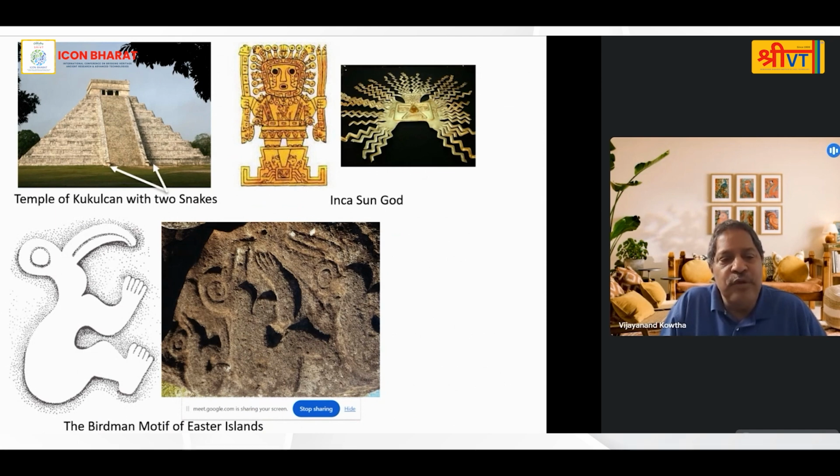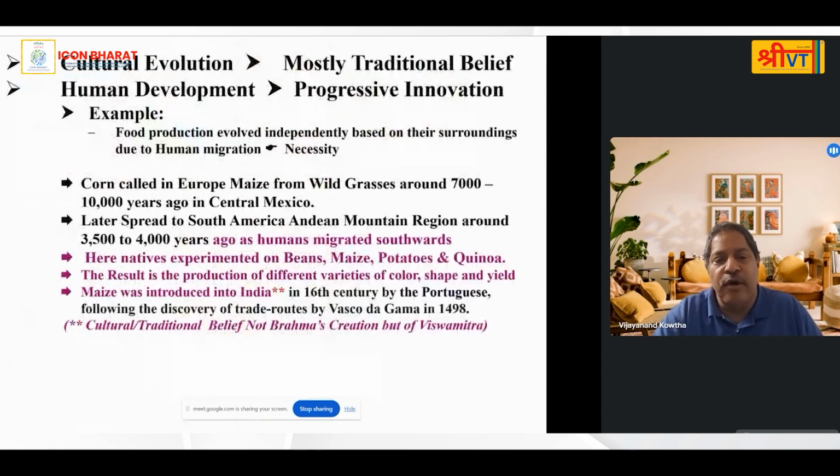And then, of course, when you look at the Mayan agroforestry that had been shown in the first slide, you have the sun god with the pictures of the sun gods with the 2 snakes that abounded. Again, a depiction of the Nagas as the origins.